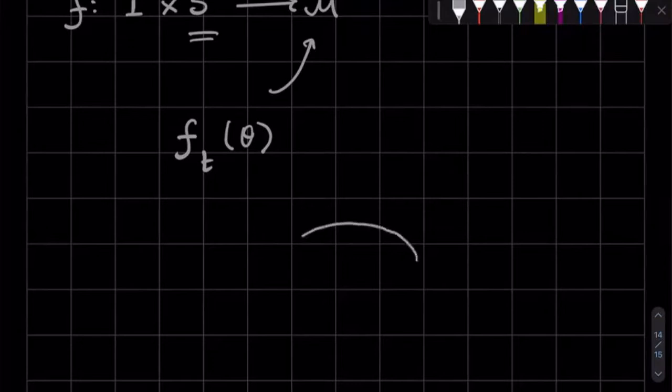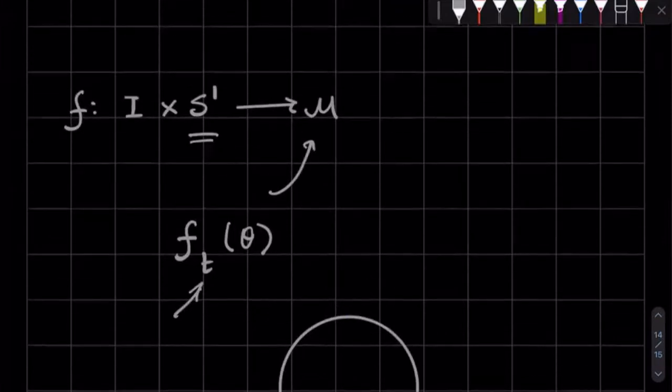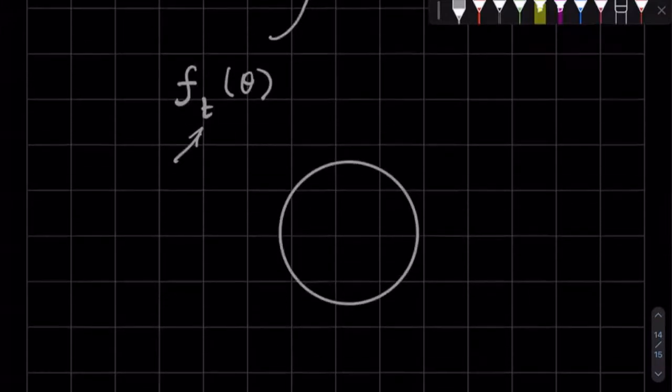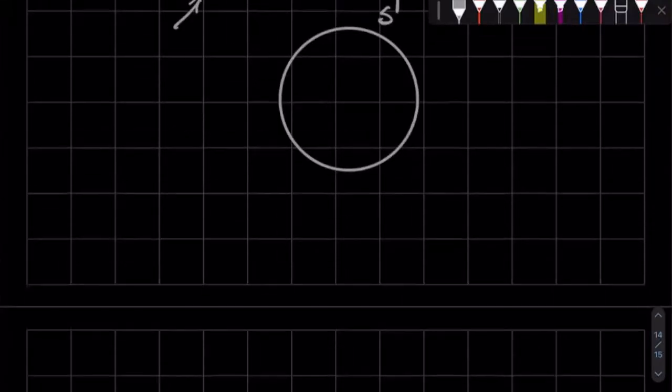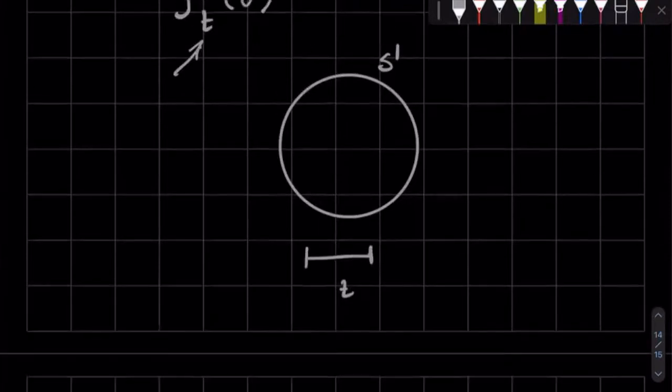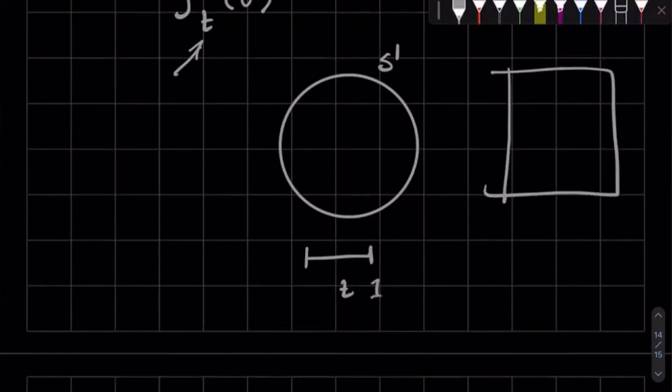So it is telling you how we are deforming this map. So suppose this is our first circle, and this is, say, t, and this is our manifold. So if I am, say, at t equals 1, the map is going to be this circle.